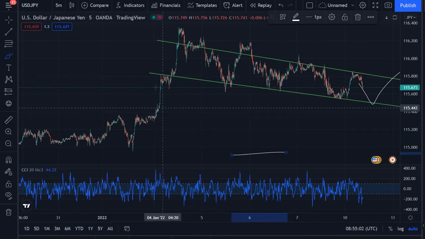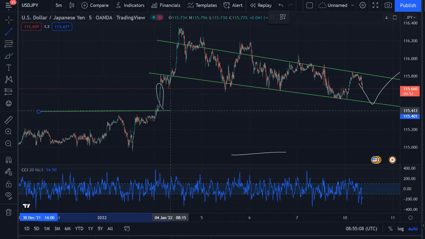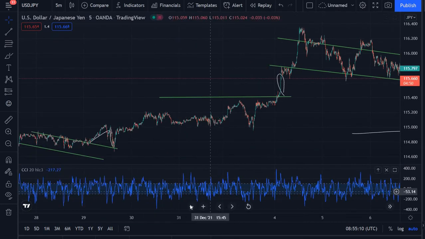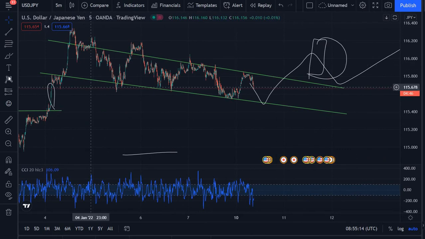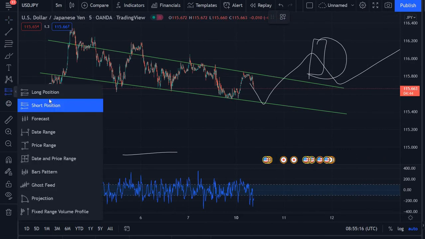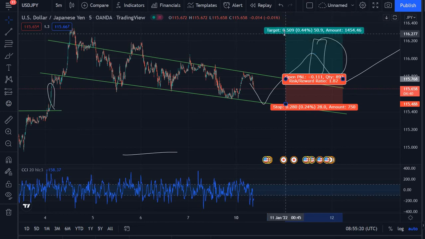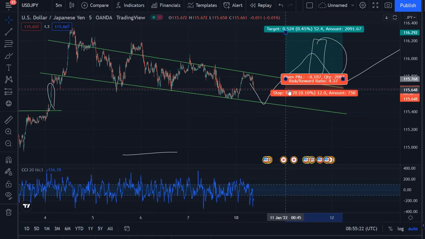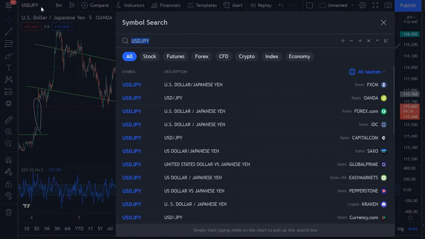So here big candlestick after the break above this zone here. So the same that we are looking for now. So here USD Japanese yen as well. I'm looking for long, for buys.